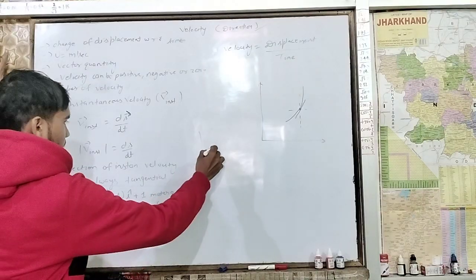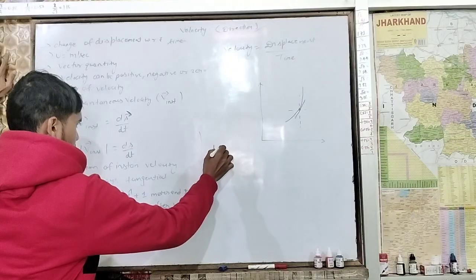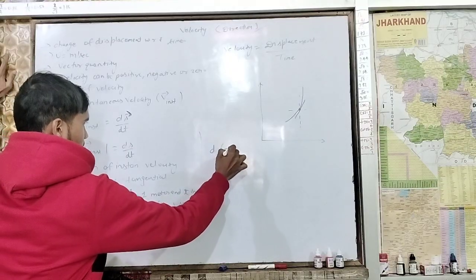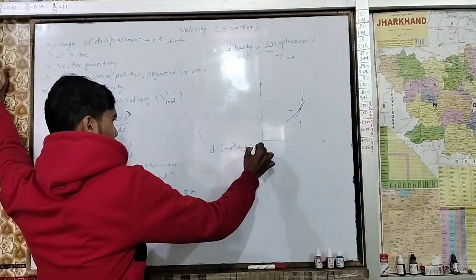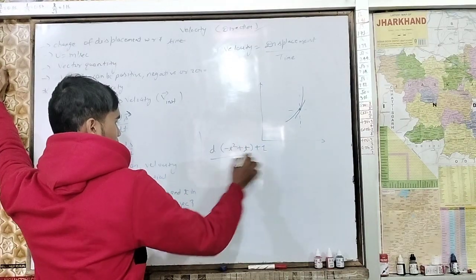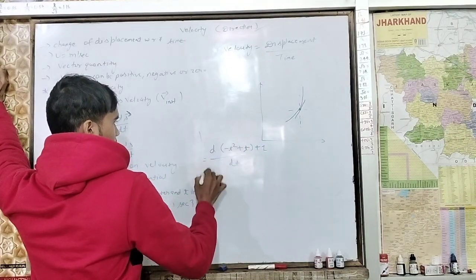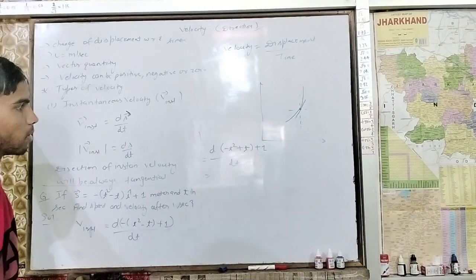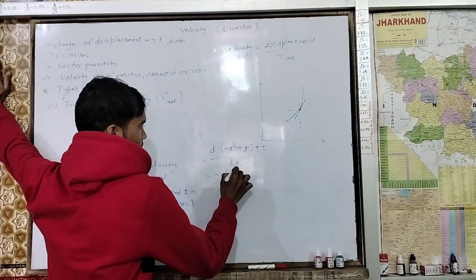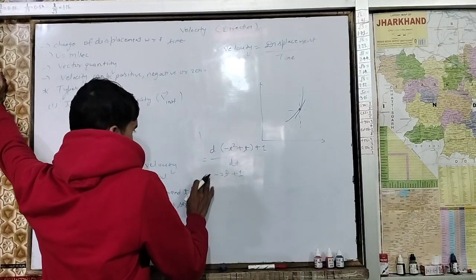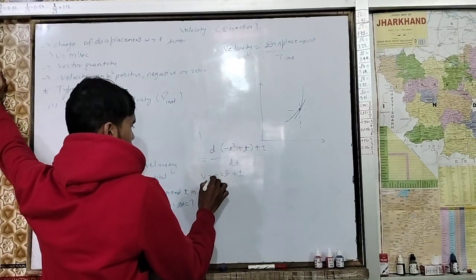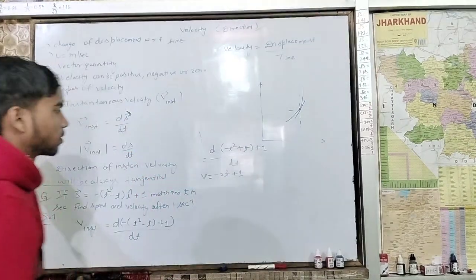Can you write this as d of minus t square plus t plus 1? Yeah, you can write. So the differentiation of this t square will be minus 2t plus 1. Okay, this is equal to the instantaneous velocity.